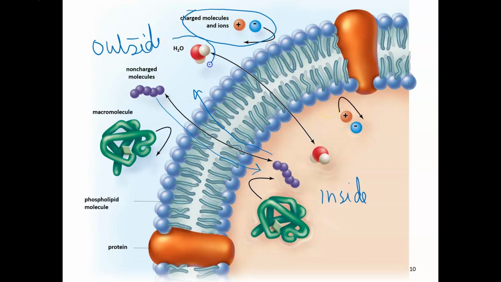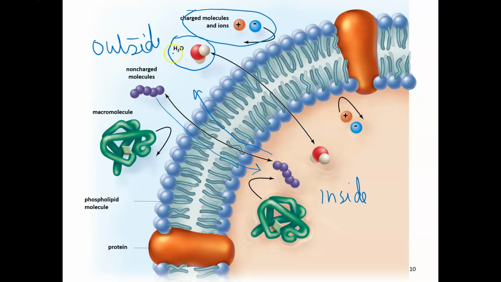There is one polar molecule that can move through the plasma membrane, just because it's such a special molecule, and that is water. Water is a polar molecule, so it does have a partial positive and partial negative charge, but the whole water molecule itself is chemically neutral. It can move directly through, but most of the time it's going to move through special protein channels called aquaporins.